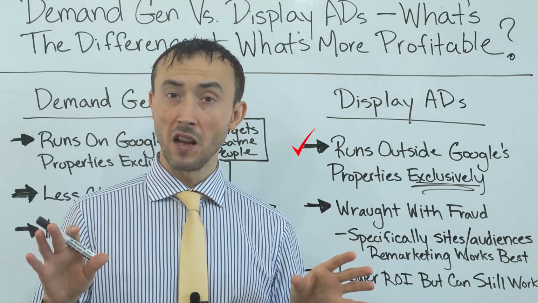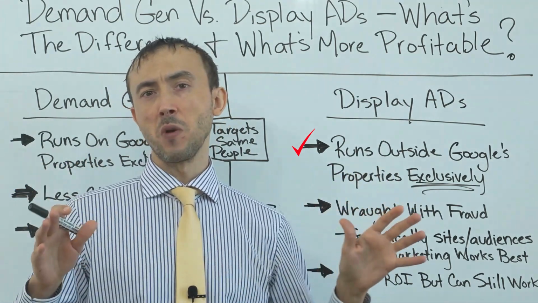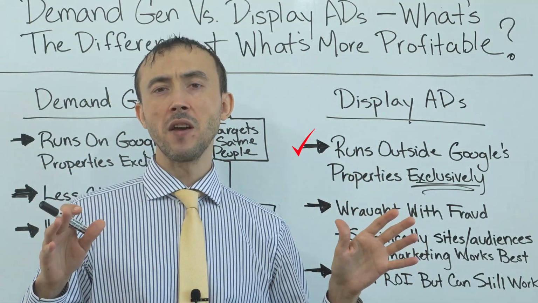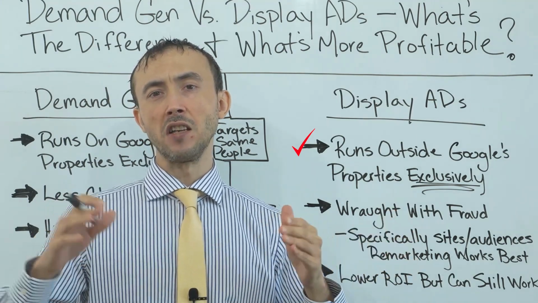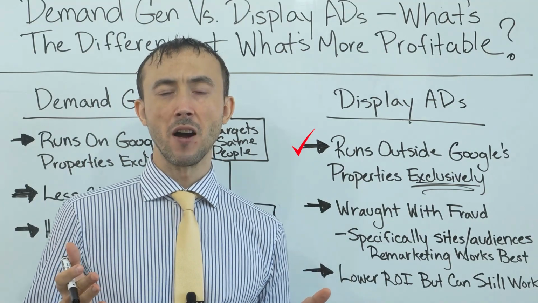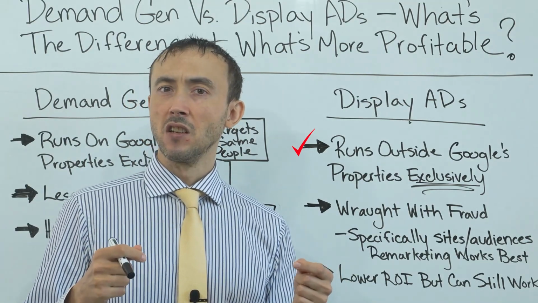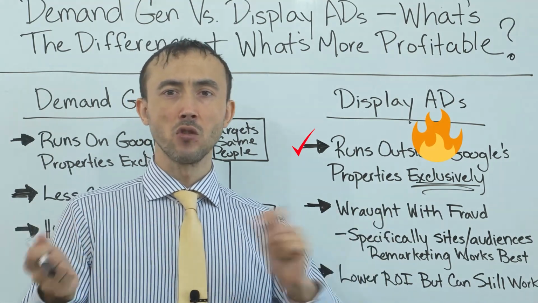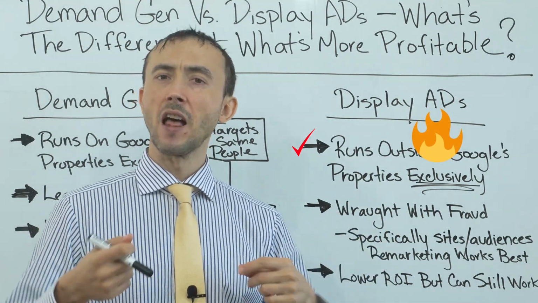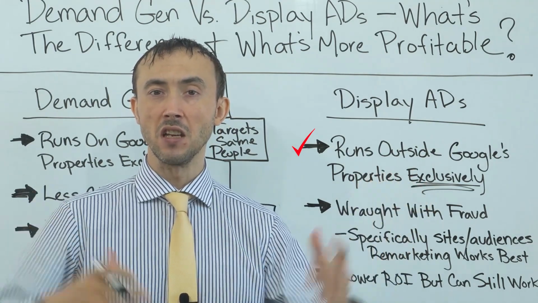Now, remarketing is a totally different story. I use display network campaigns to do remarketing, that is, advertise to people who've been to our website before, on almost every project I work on, because that in and of itself isn't fraught with bot clicks, because bots are going to be filtered out just through the retargeting that we're doing. That is the nature of what retargeting, remarketing, is.